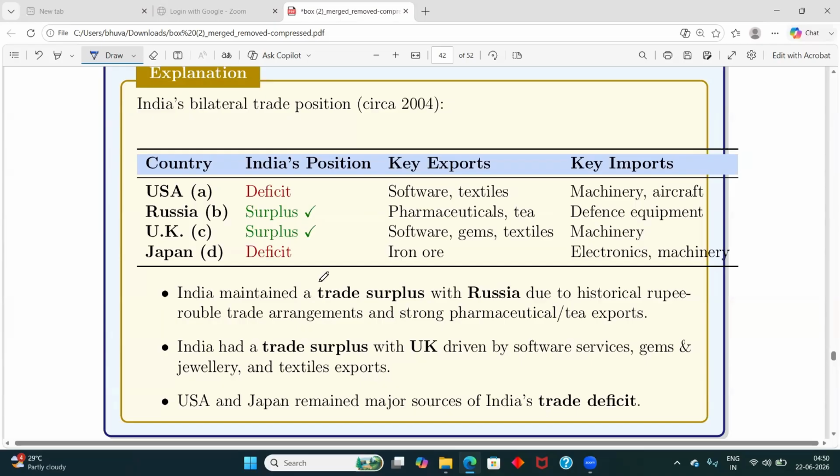India maintained a trade surplus with Russia due to the historical rupee-ruble trade arrangement and strong pharmaceutical and tea exports. India has a trade surplus with the UK driven by software services, gems and jewelry, and textile exports. The USA and Japan remained major sources of India's trade deficit.